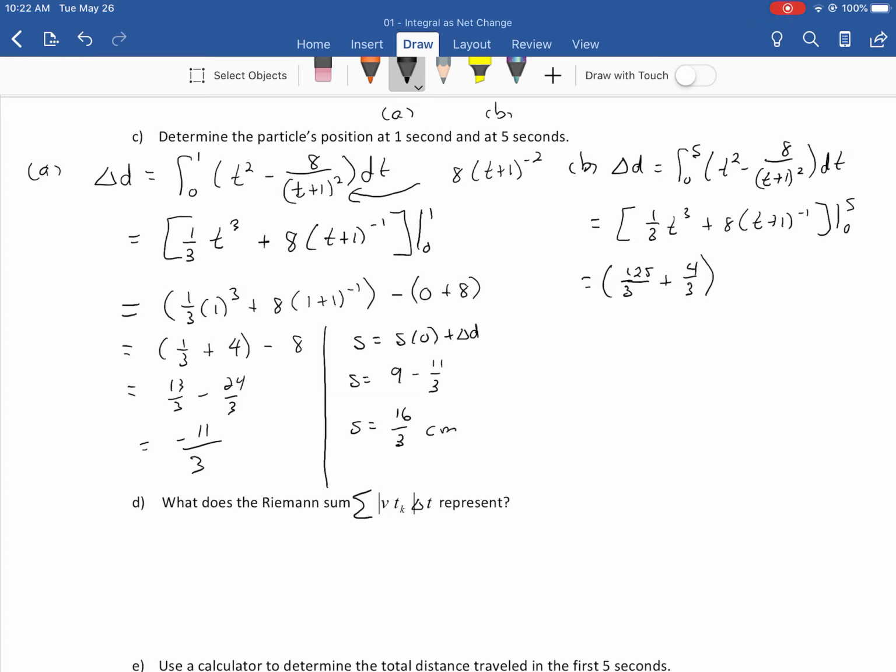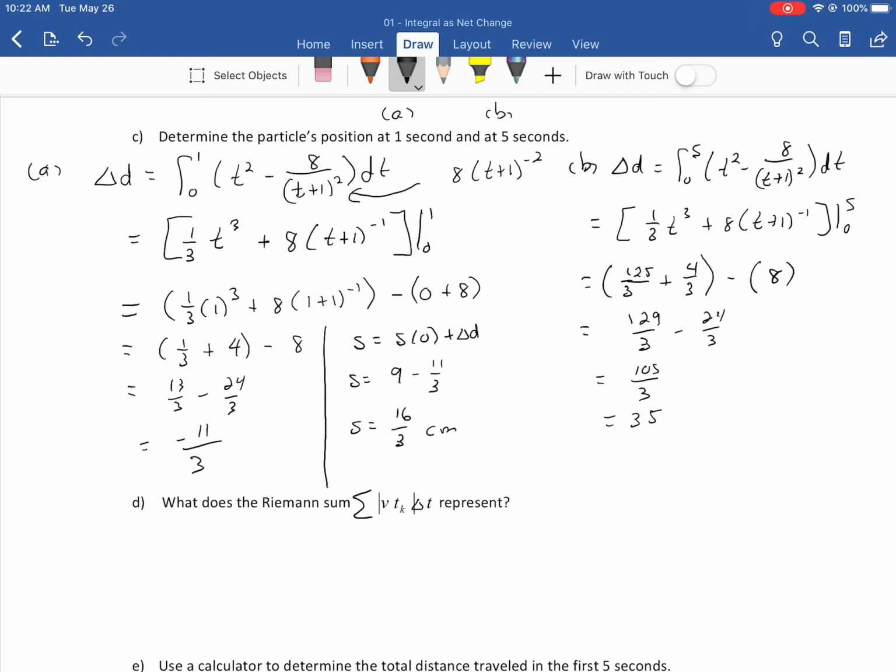Isn't that nice? And then I have to subtract. When I sub 0 into this whole thing, I get 0 from the first term, and the second term: 0 plus 1 is 1, the negative 1 power is 1, and 8 over 1 is 8. Okay, so I get 129 thirds. Subtract 24 thirds, 105 thirds. Oh, isn't that nice? 35.